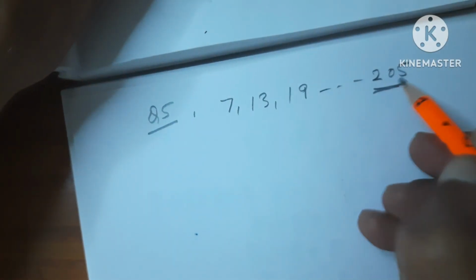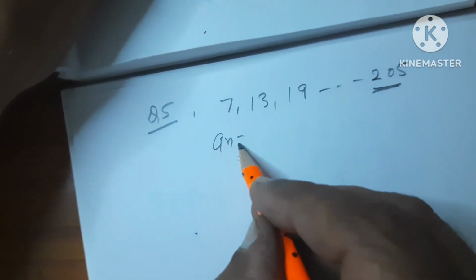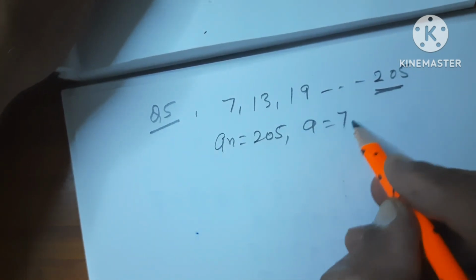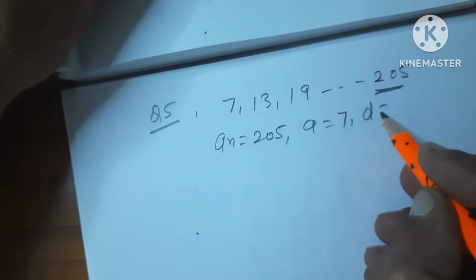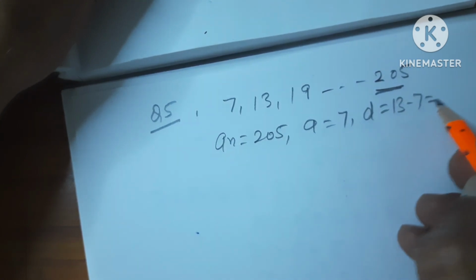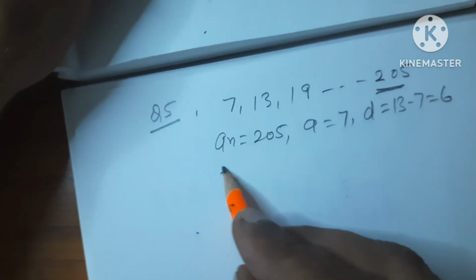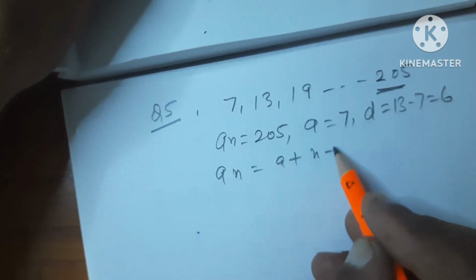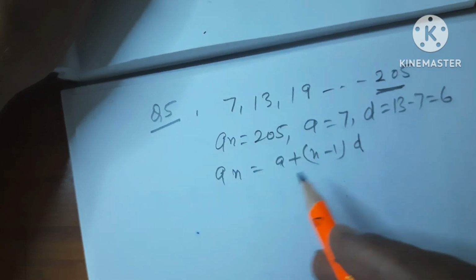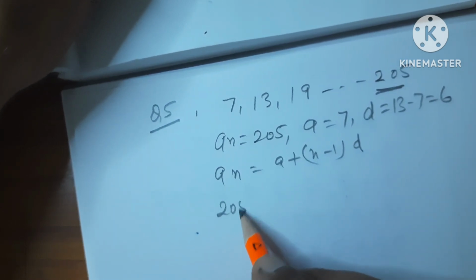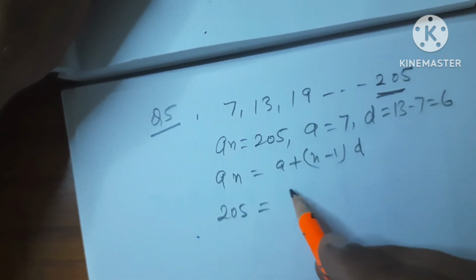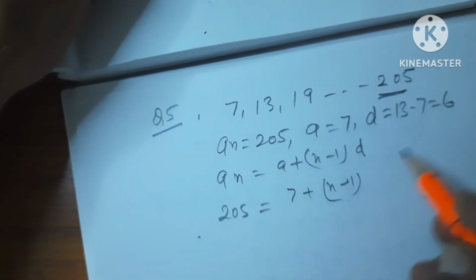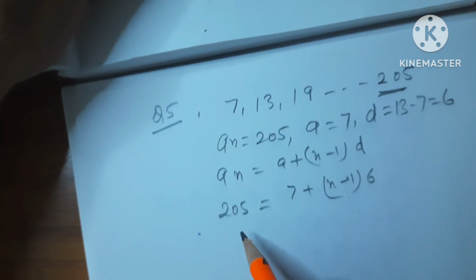So this is An. An is equal to 205. A is equal to 7. D is equal to 13 minus 7, which is 6. So we'll use the formula A plus n minus 1 into D. 205 is equal to 7 plus n minus 1, D is 6.